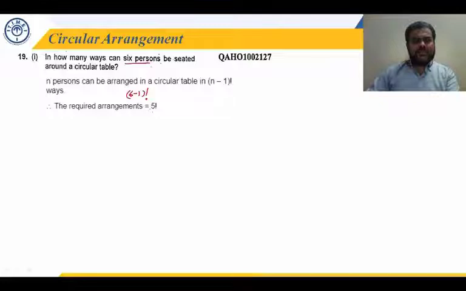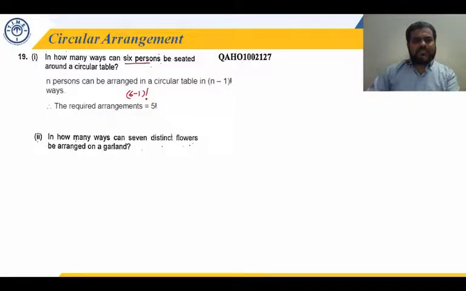Fine? Easy? In how many ways can 7 distinct flowers be arranged on a garland? Now this is a question on garland. So n flowers can be arranged in a garland in n minus 1 factorial by 2 ways.